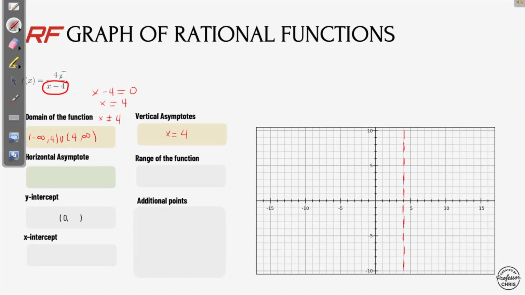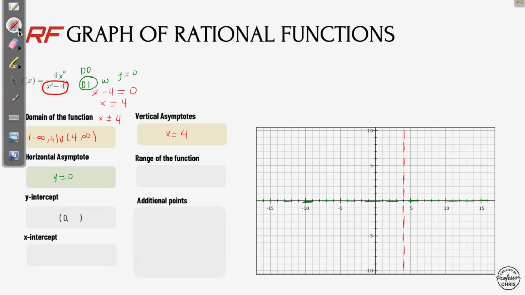Since there is no x, we can assume that the degree is 0, and this one has a degree of 1. So the obvious winner is the denominator. When the winner is the denominator, the horizontal asymptote will be at y equals 0. So I'm going to sketch that horizontal line here at y equals 0.